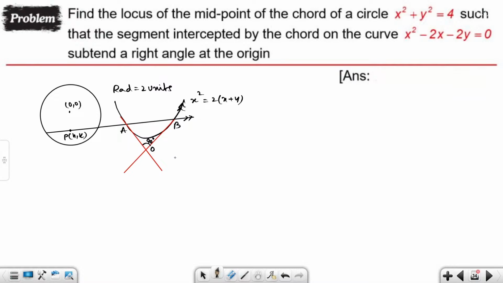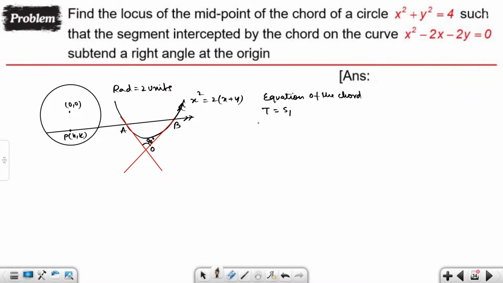This line is what? This line is the chord of the circle. Okay, now what will be the equation of the chord? It is nothing but T equals S1. And the midpoint is (h, k).